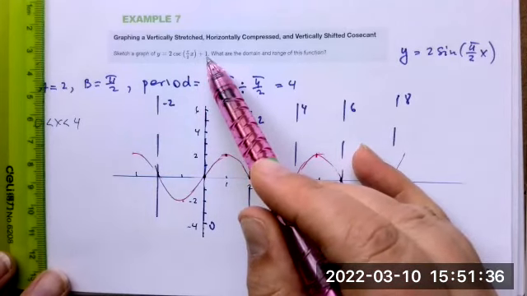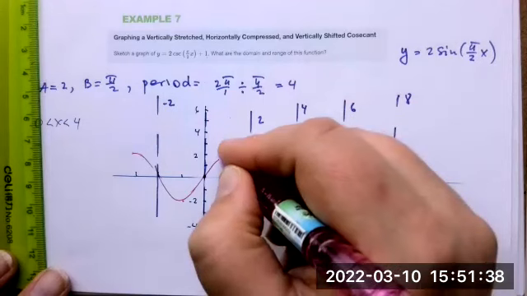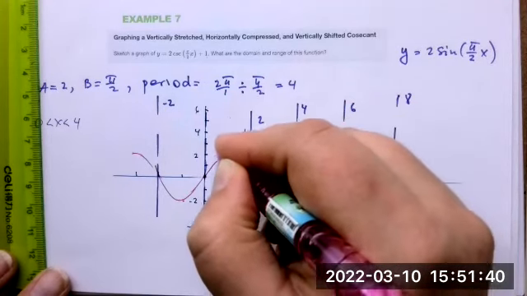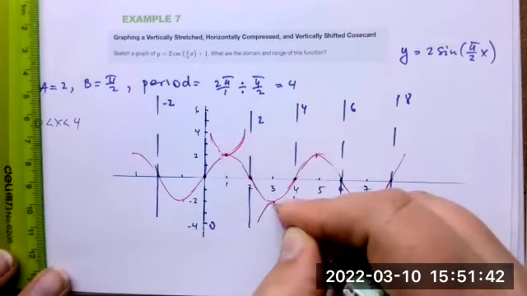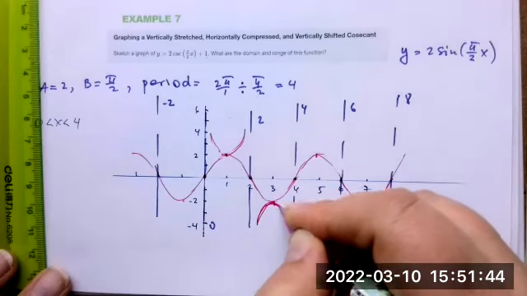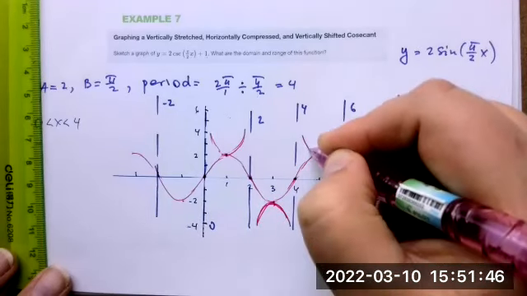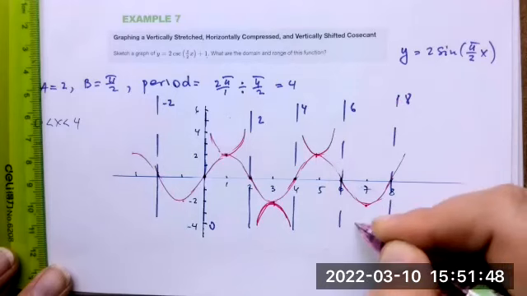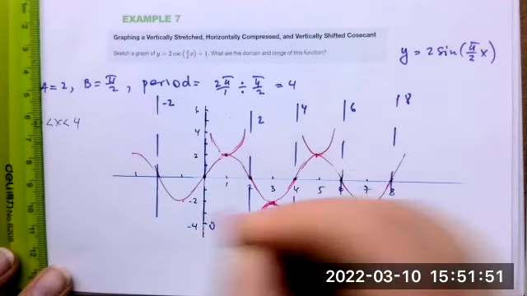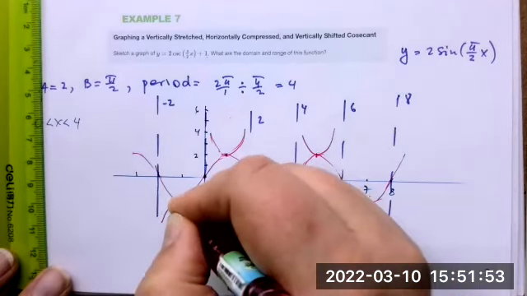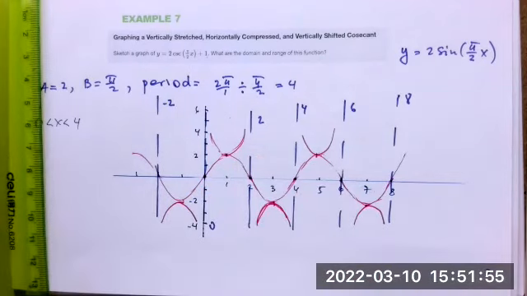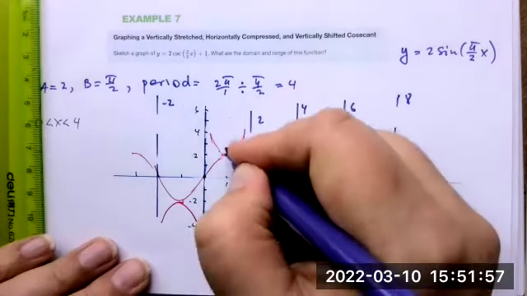Now, for the guide for our cosecant function, remember we're going to move it up by 1. So this is the guide. And now let's move it up.